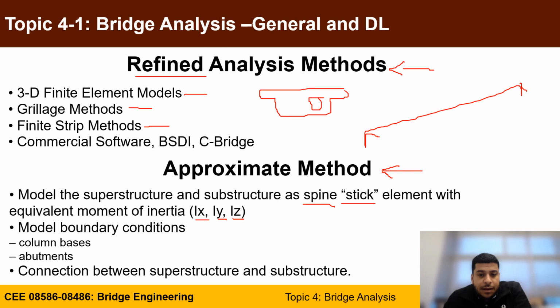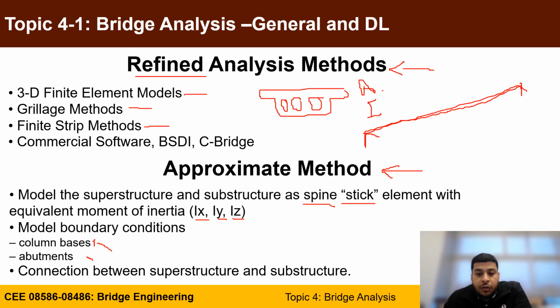You have to calculate for this box, sorry for the drawing, the area and inertia around X, Y, and Z, and you model it as a stick model or what's called a spine model with these properties and the length, and you get the boundary condition based on how the superstructure is connected to the substructure, which is from the column bases and abutment, and also the connection between them.